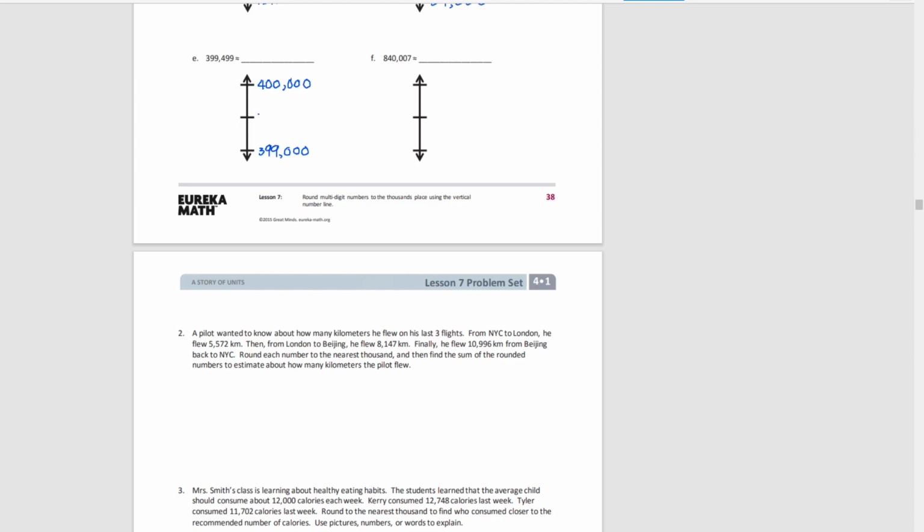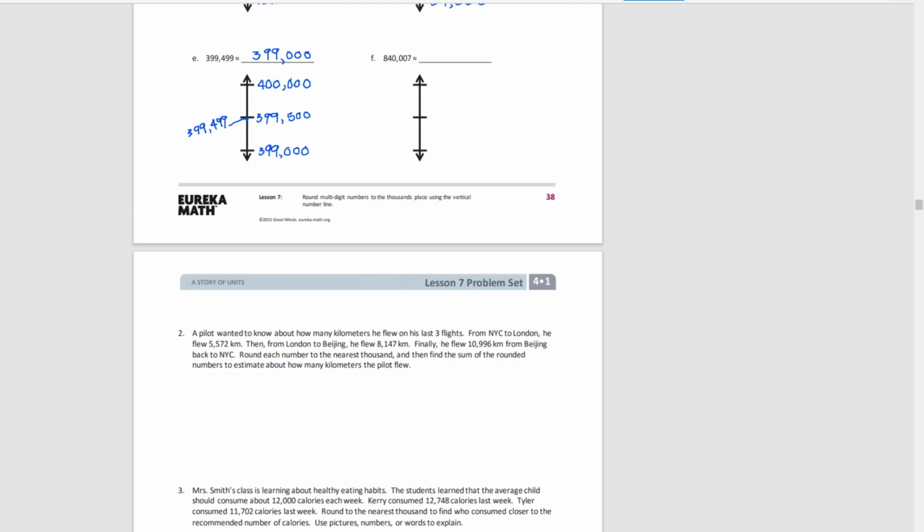And halfway in between, the midpoint would be 399,500. And this is 399,499, so it's just one less. So it's close, but it's still below the midpoint, so that means we would round to 399,000.